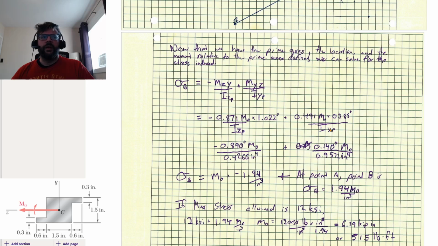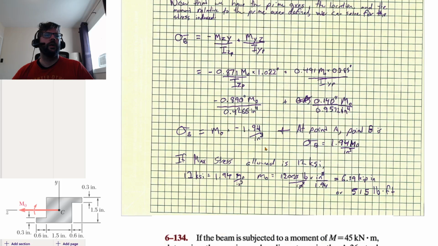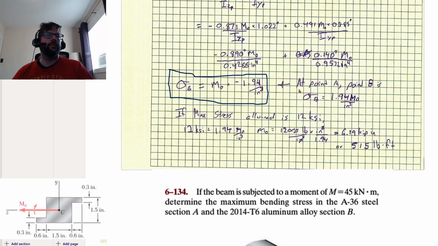So just plugging in values here, we can solve for our stress in terms of a moment. Both point A and point B, the magnitude will be the same, the directionality will be different. So at point A, it's going to be negative.